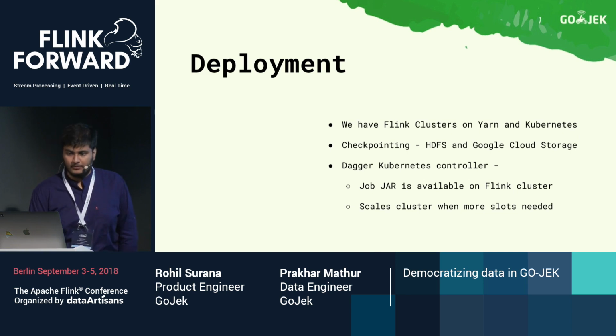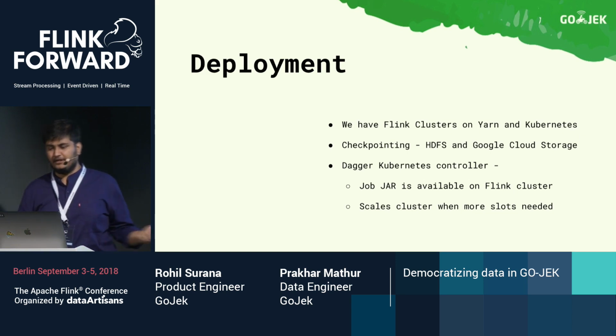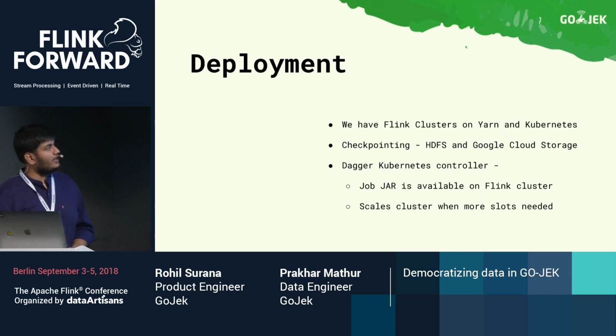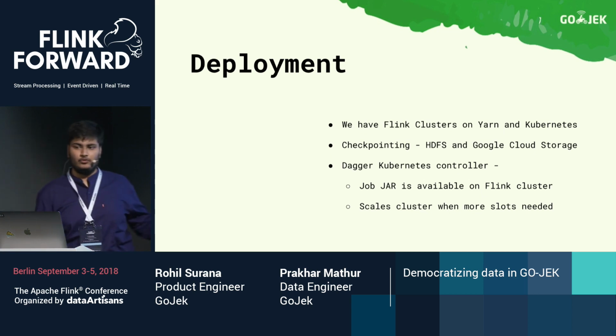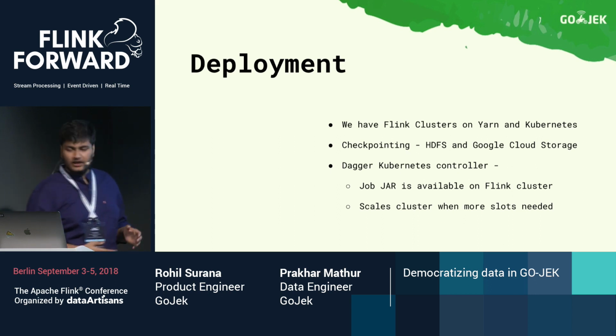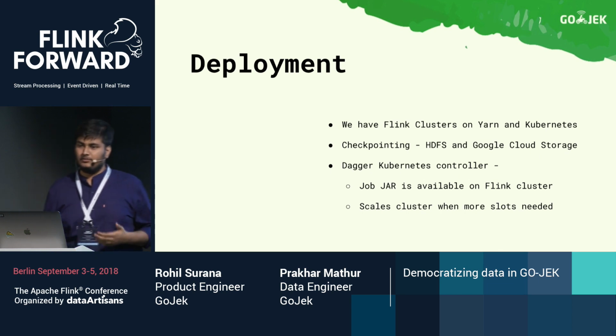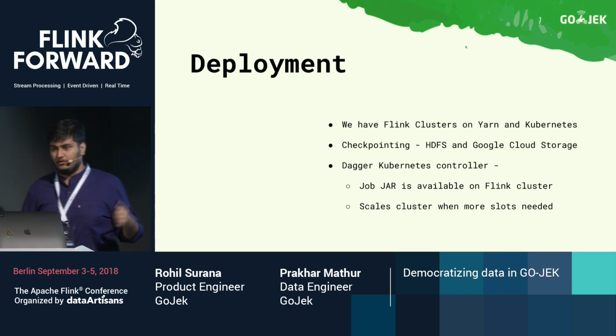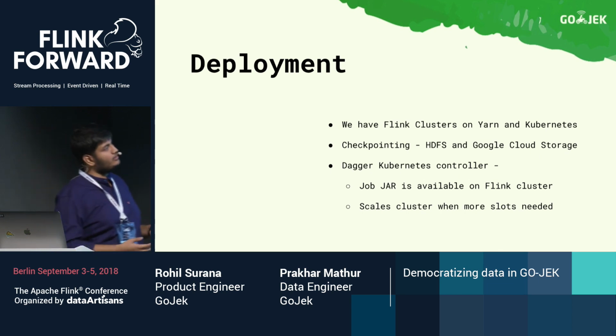So we come to deployment. As I said, we started with Flink clusters on Yarn, and right now most of our clusters are actually on Yarn, and we have started shifting to Kubernetes with the new versions of Flink. Similarly, for deploying on Yarn, we use Terraform for setting up the machines on Google GCP and AWS.